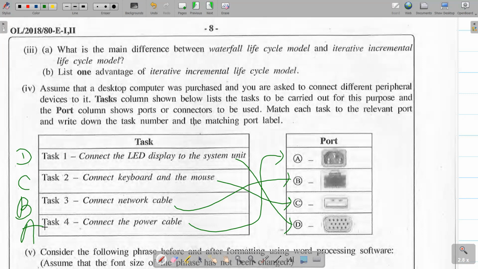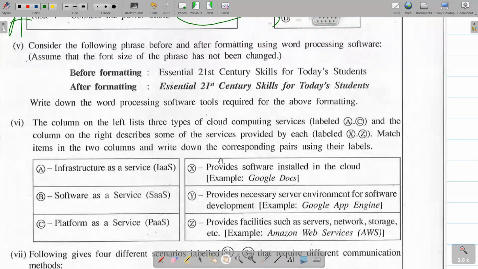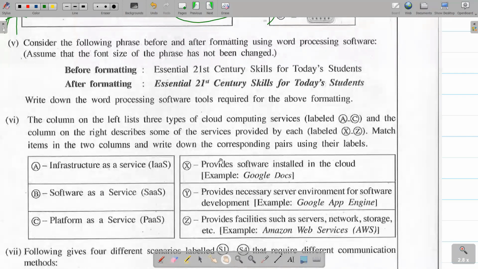Okay, going with the fifth one. Consider the following phrase before and after formatting using word processing software. Right, they are asking to write down the word processing software tools required for the above formatting.